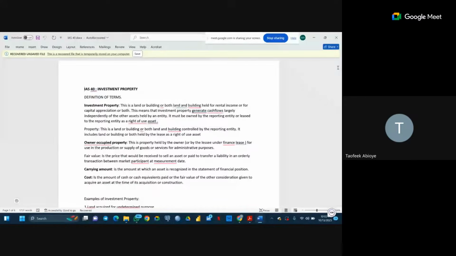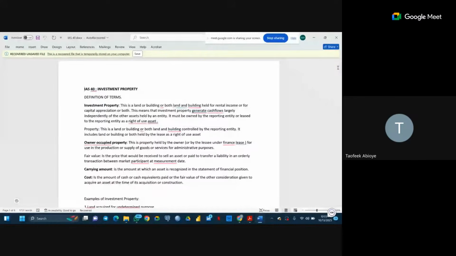These are the land or building, or both, that is being held for rental purpose or capital appreciation. This means that the investment property generates cash flow largely independently of the other assets held by the entity. It must be owned by the reporting entity or leased to the reporting entity as a right of use asset.